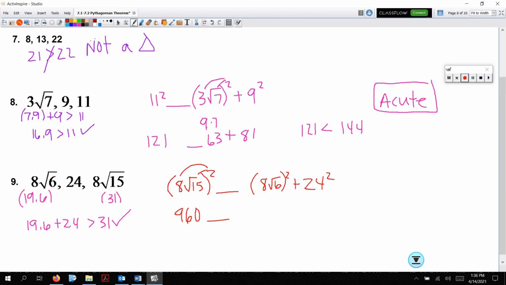Oh, plus 24 squared, you silly goose. Good grief, Charlie Brown. Okay, so the right side equals the left side. They're both 960. So what does that mean? That means it's a right triangle. So lesson learned: don't forget to square all the numbers so you get the right answer.